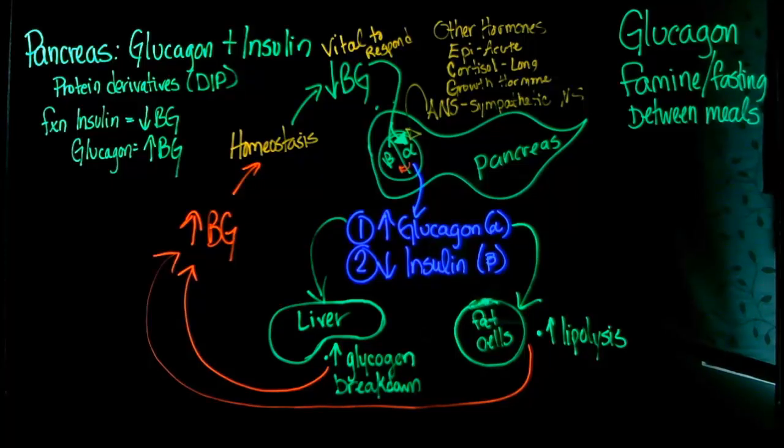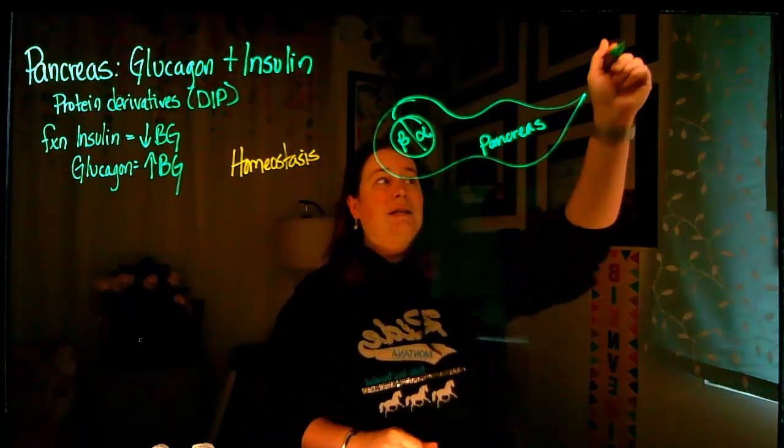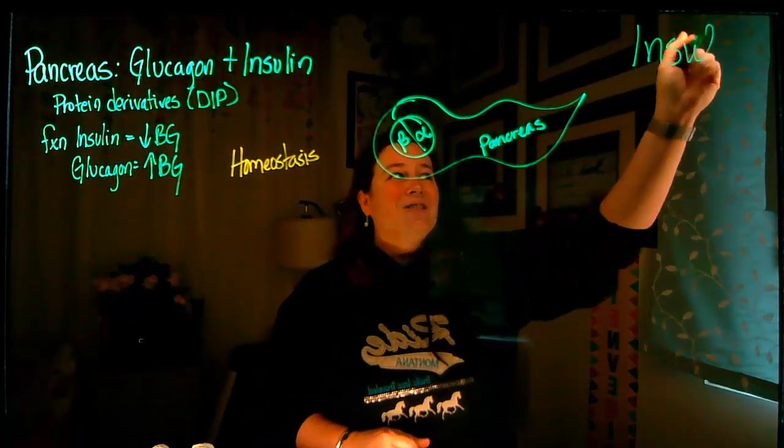So next, we're going to consider what insulin does in those situations where we have elevated amounts of blood glucose because we've just eaten a meal and we need to get glucose levels in the body back to a normal range. All right, so insulin, that's going to be the goal of this next illustration.